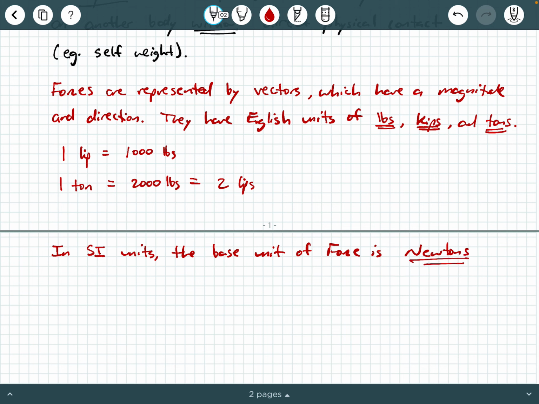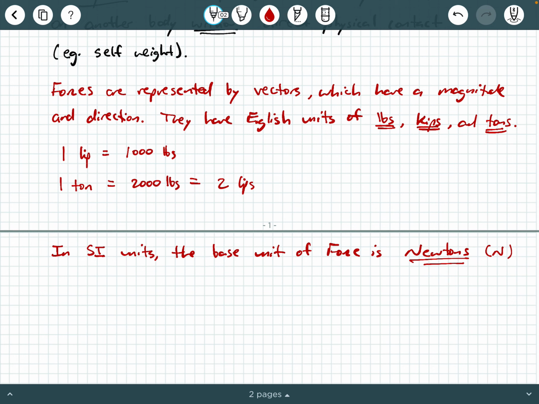So we abbreviate that as N. And so, of course, we have all of the SI prefixes that you should be familiar with. For example, 1 kilonewton is 1,000 newtons, 1 meganewton is 1 million newtons, so on and so forth. Okay, so those are forces.